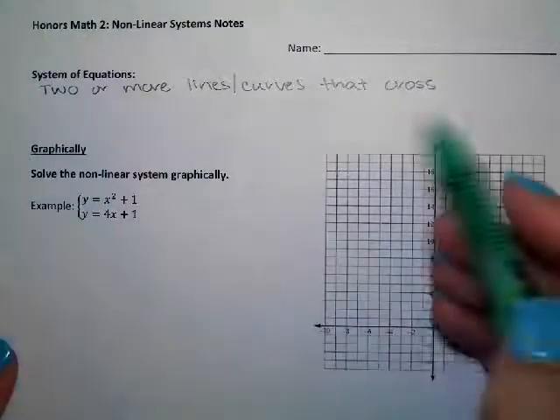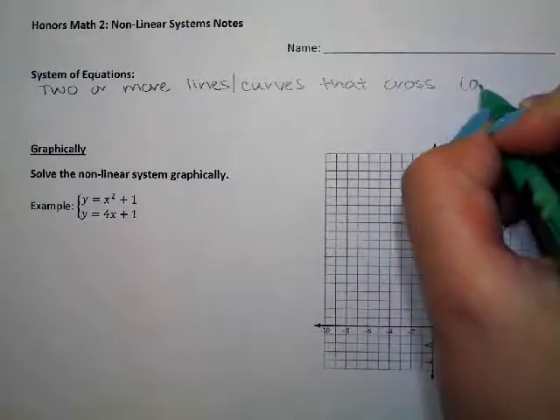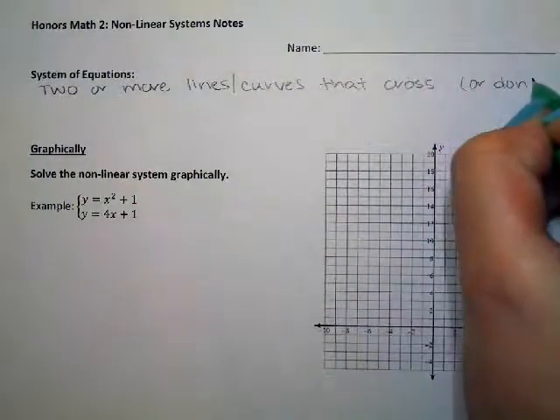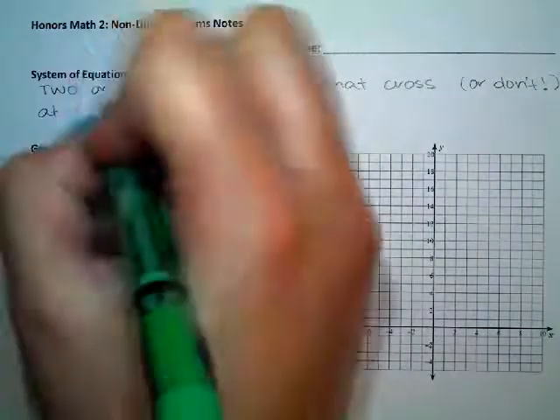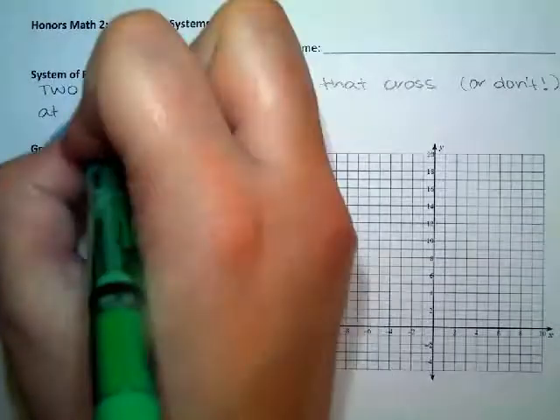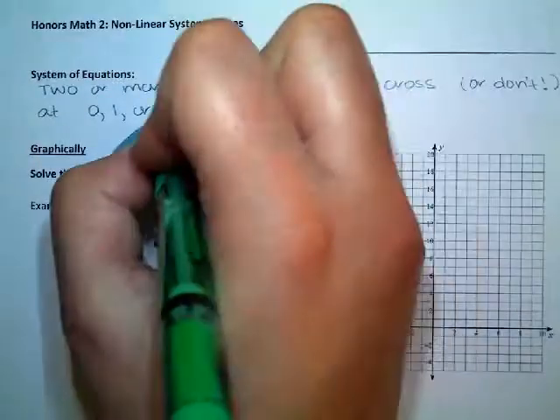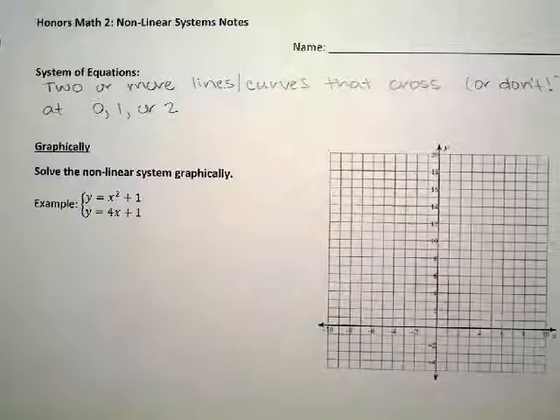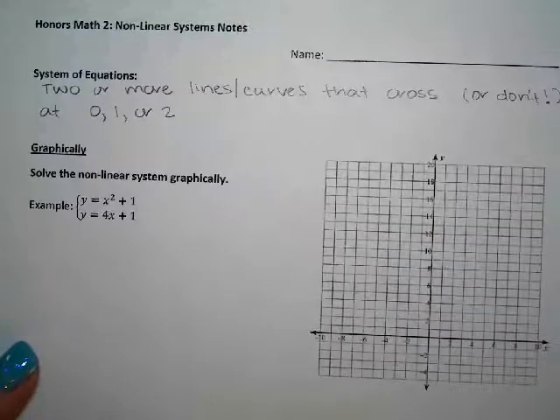So this is two or more lines that cross, and I'm going to put or don't, because maybe they don't, at 0, 1, or 2 points in this situation, because here we're talking about a straight line and a U-shaped graph, okay? 0, 1, or 2.